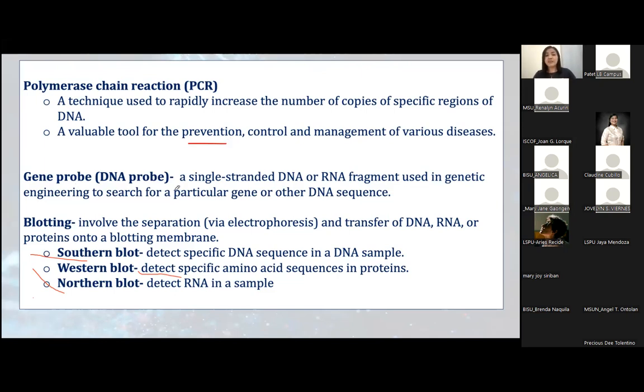For the gene probe naman, class, this is a DNA probe. It is a DNA or RNA fragment used in genetic engineering to search for a particular gene or other DNA sequence. So DNA probe, this is just a DNA sequence, to determine the presence of luminous bacteria.